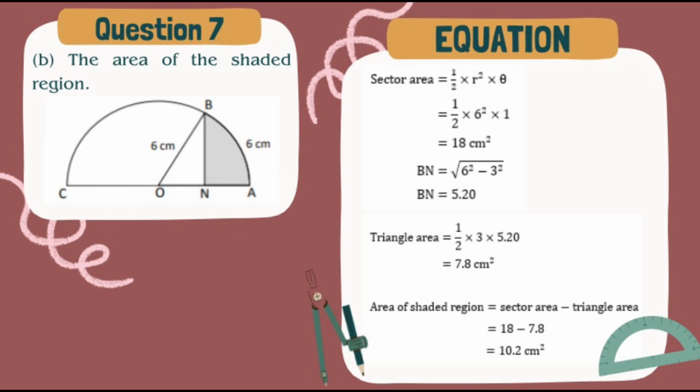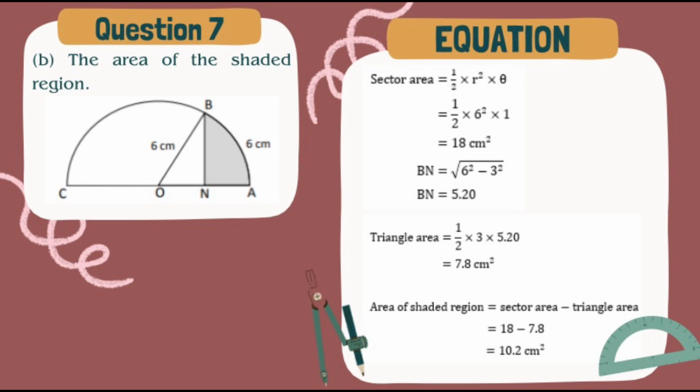We then find the length of BN. To find the length of BN is 6 to the power of 2 minus 3 to the power of 2. Then, we need to square root the answer, and we got the length of BN is 5.20. Then, we need to find the triangle area.